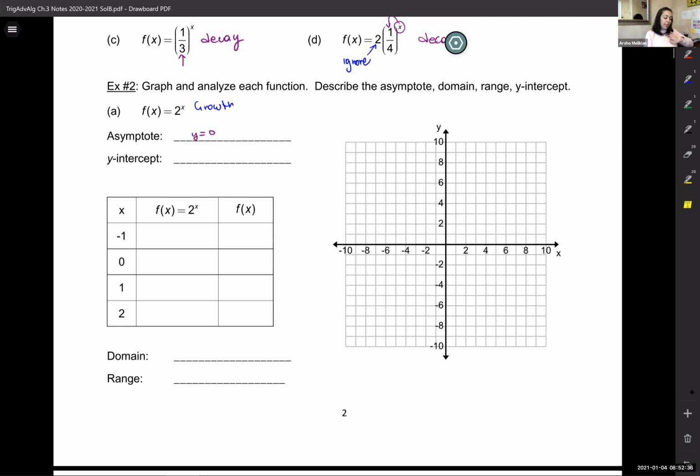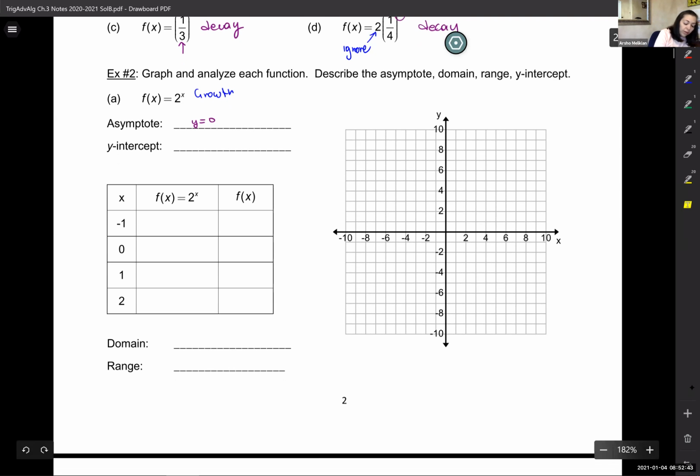Before we do the y-intercept, well, actually, let's do the y-intercept now. The y-intercept is where it crosses the y-axis, right? So for the y-intercept, what you have to do is plug in x equals 0. So we're going to say y equals 2 to the 0.